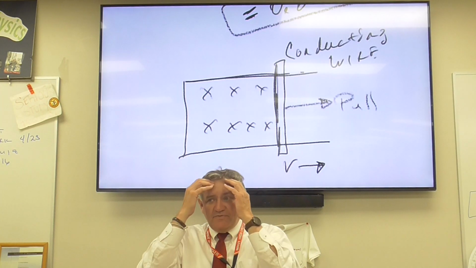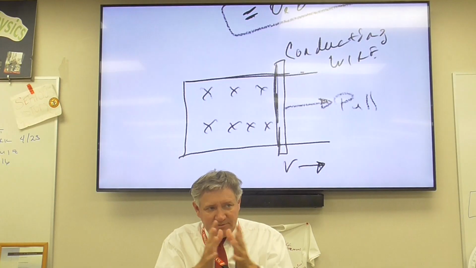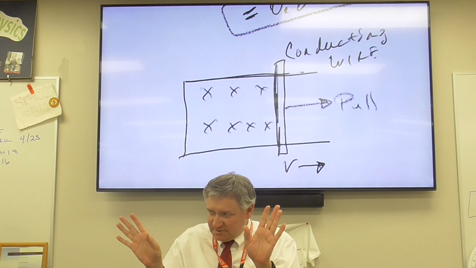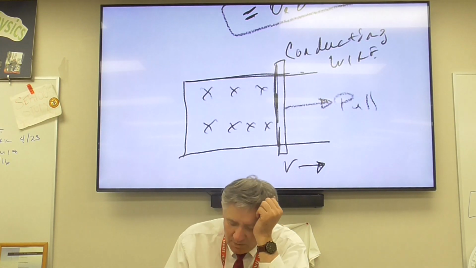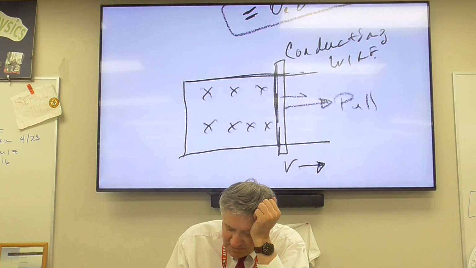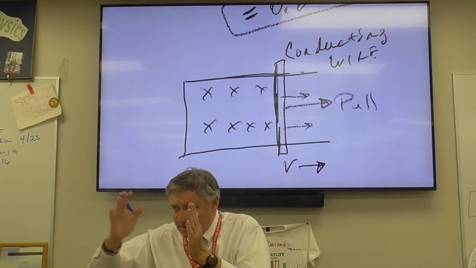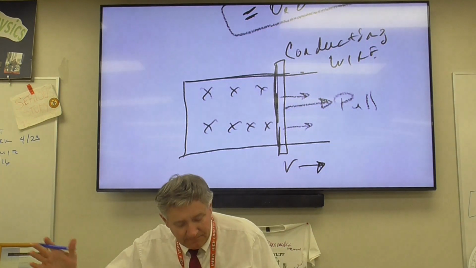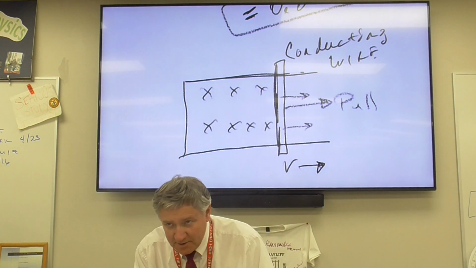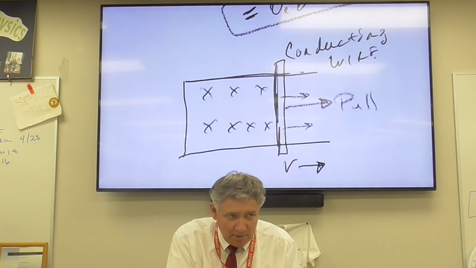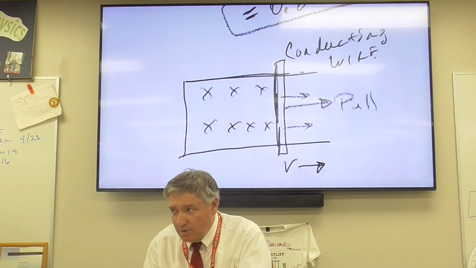So you can think of this as being like a curtain, okay? Like a stage. So when you pull this in this direction, it's like you're pulling back the curtain. And when you pull back that curtain, are you seeing more X's or more O's?